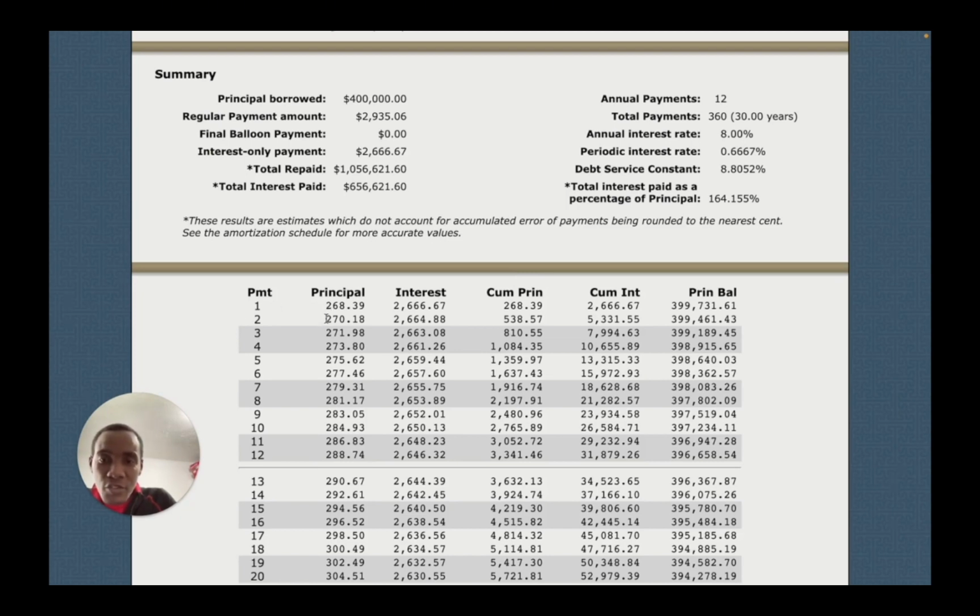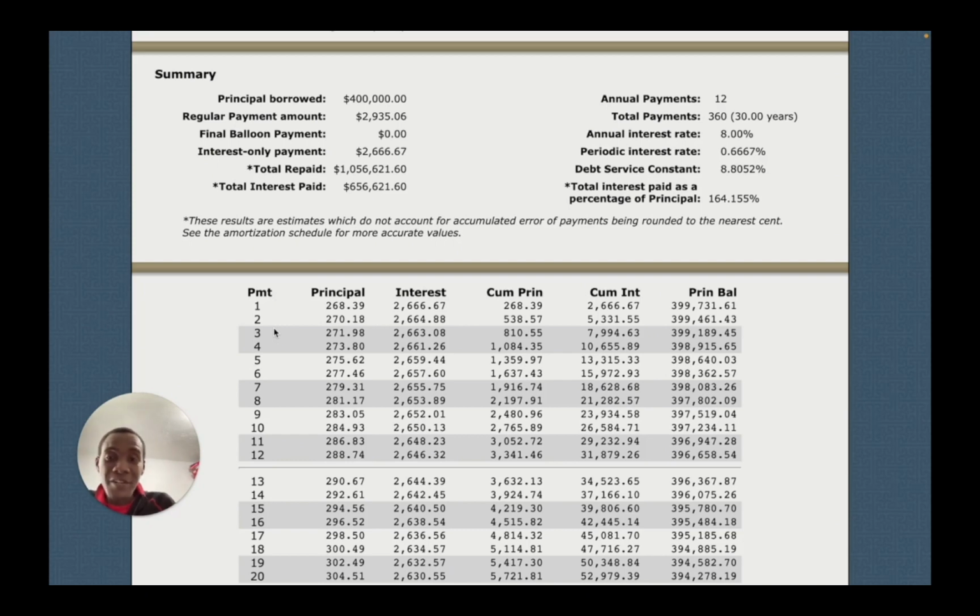If we take this $270.18 and prepay this amount on month one along with a regular payment, we will be able to skip line number 2, the month 2 payment, and our next payment would be on month number 3. This is what happens when we prepay the principal.